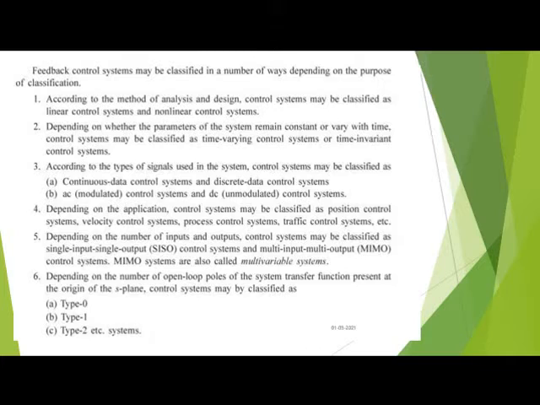Similarly, according to the type of signal, the control system may be continuous data or discrete control system, or AC control system and DC control system.